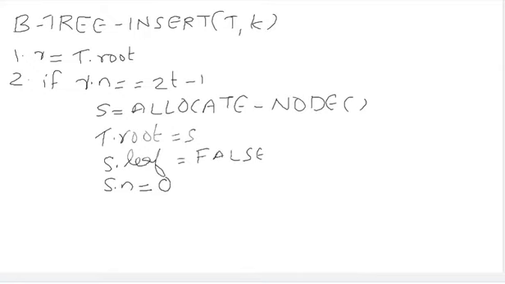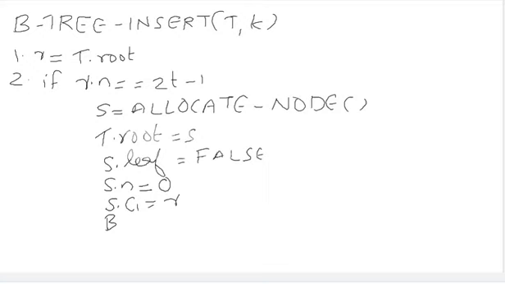We need to assign one more thing: the first child of S, S dot c1, will be R, the old root.